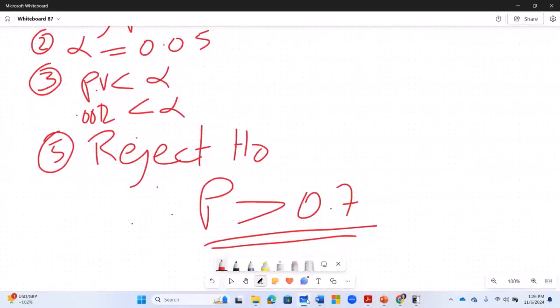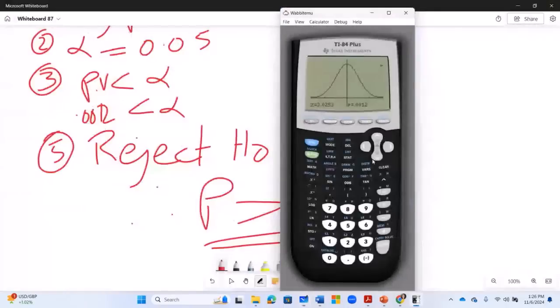Is less than alpha. You could also be told to calculate the test statistic. If you are told to use the test statistic to do the test, the calculator also gives you the value of the test statistic. So you can say that the test statistic fell into the rejection region.